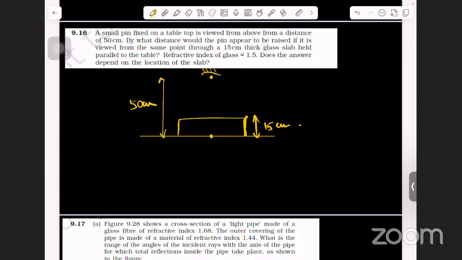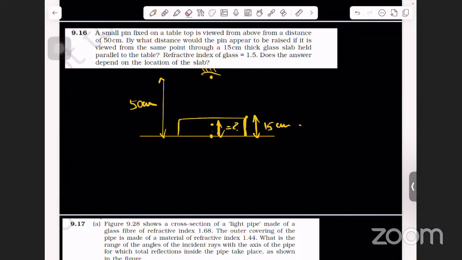The pin, let's say, appears to be here, the apparent position. By what distance does it appear to be raised? This is what the question is asking. I think it's pretty easy, right?